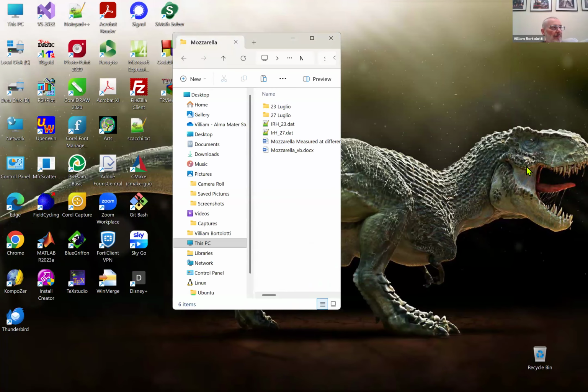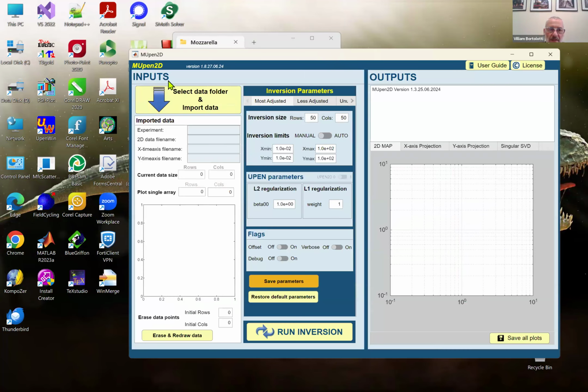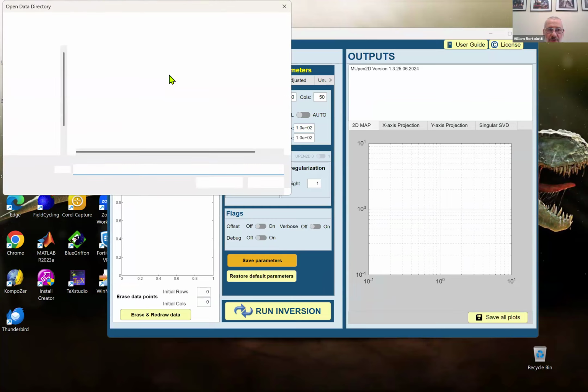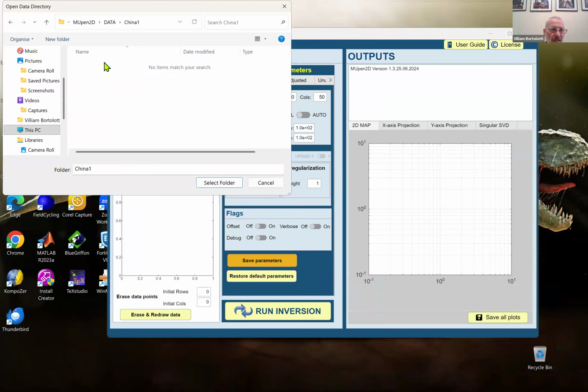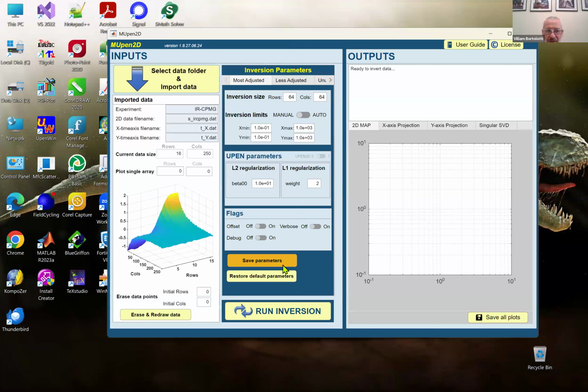Just very quickly, because time has elapsed, I'm late. There is also MUPEN 2D. This is for free. Also, these are data from Gianni. I don't know, I can show, but I show. The run can take a while.